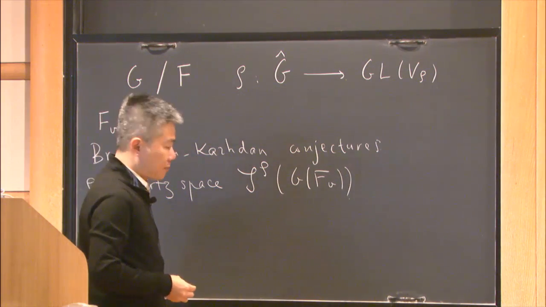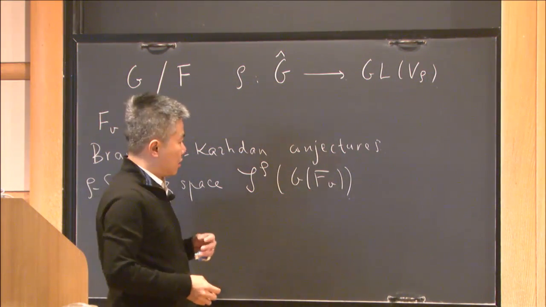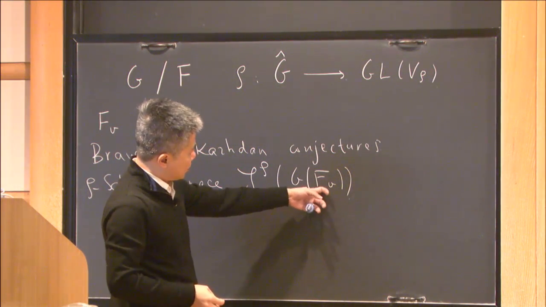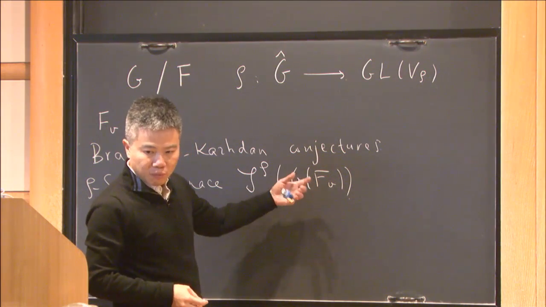some vector space of functions on G(F_v) that are locally constant functions on G(F_v), but not compactly supported.